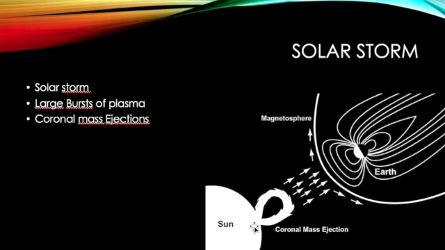Here is the coronal mass ejection colliding. What happens is the pressure of the coronal mass ejection causes the backside of the magnetic field to press together. Charged particles then stream back towards the planet's magnetic poles.